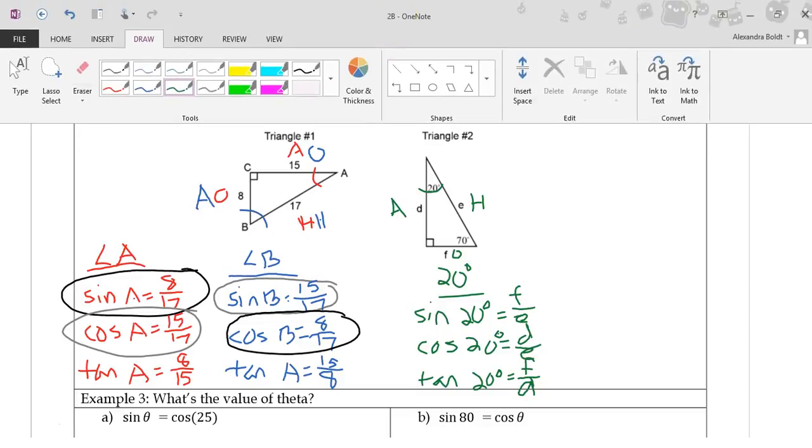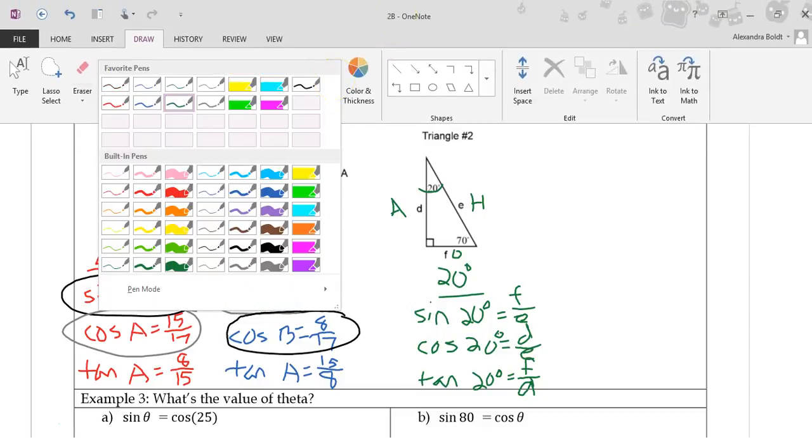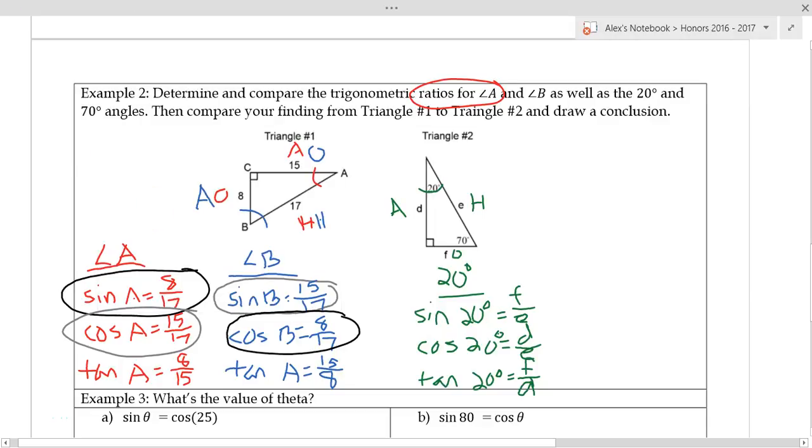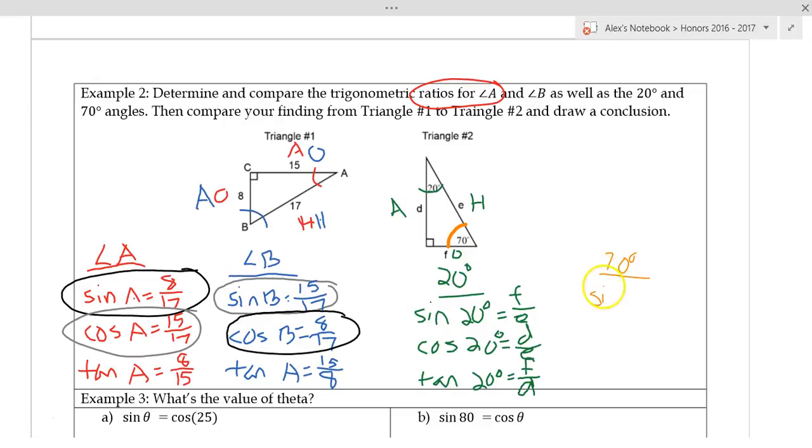Then, looking at my 70-degree angle, the sine of 70 degrees, I have opposite, adjacent, hypotenuse.